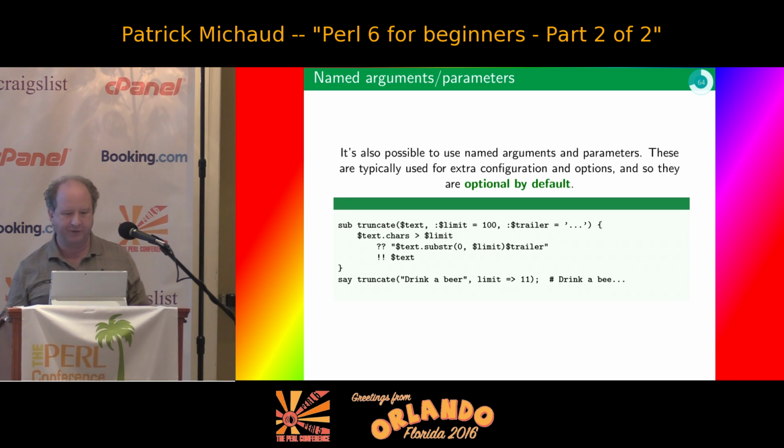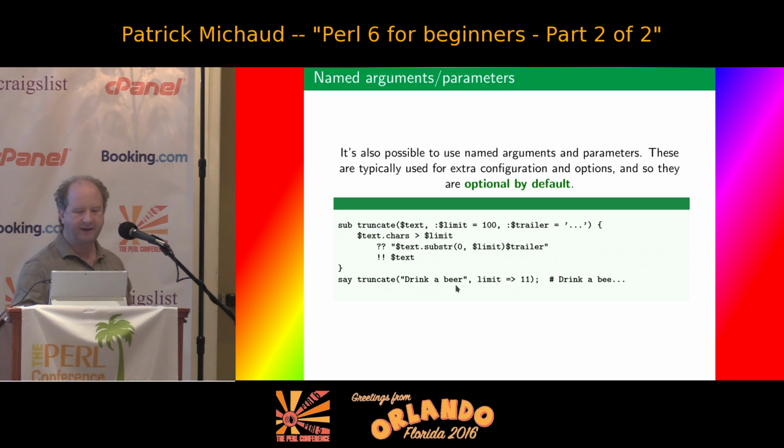The one thing I didn't get to, which I'll just point to because I'm done, is named arguments and parameters. While we can have positional parameters, which are the ones we've been doing, you can also do named parameters by putting a colon in front. That means you can pass those arguments by name. Here, this is truncate. It takes a single positional argument called text that's required, and then it has two optional named arguments, one called limit and one called trailer.